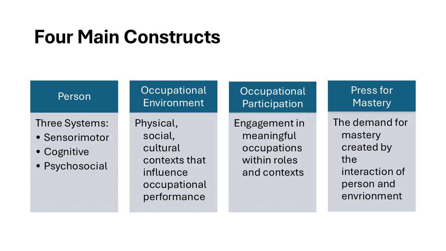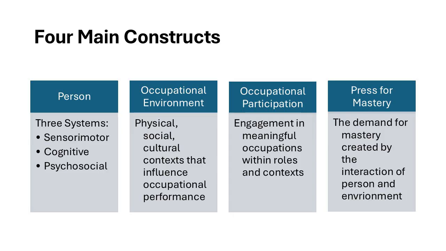The person construct looks at their internal systems: sensorimotor capacities, cognitive abilities, and psychosocial resources. That's what they bring to the table internally. Right, their toolkit. Then the occupational environment is everything outside: the physical space, social stuff, cultural norms, and expectations. And occupational participation is actually doing meaningful things within specific roles and contexts in that environment. Precisely. Engaging in life roles. So those are the pieces on the board.